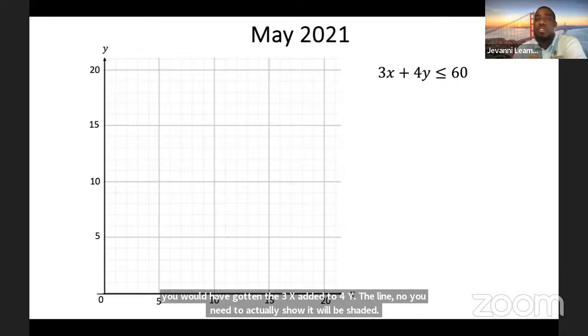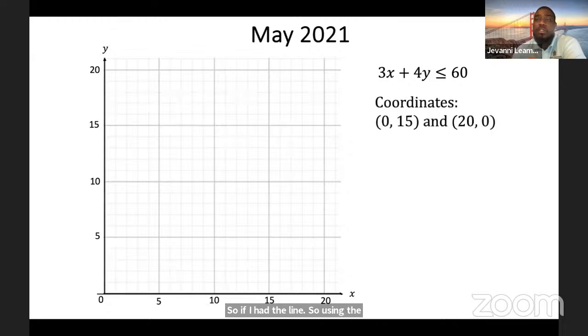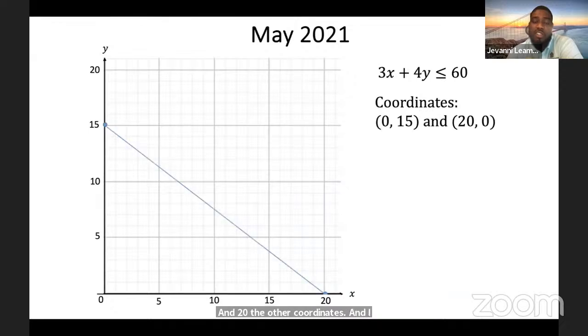Now my question is, would it be shaded above or below? So using the coordinates 0, 15 and 20, 0, where would I shade? I'm going to draw that line for you all. That's one coordinate, 0, 15, and 20, 0, the other, and I will connect those 2 points together.